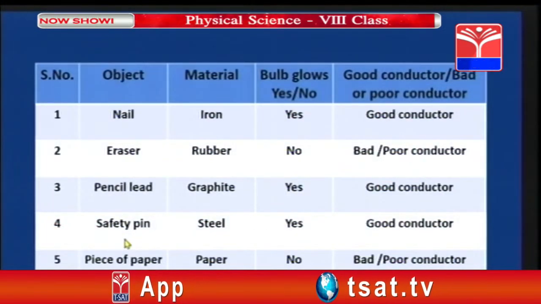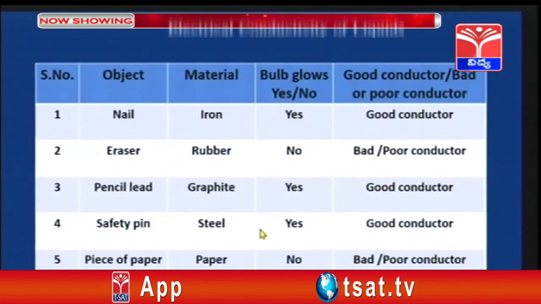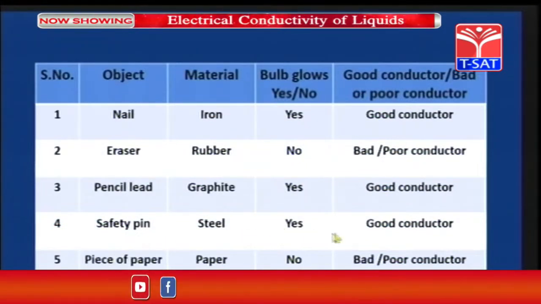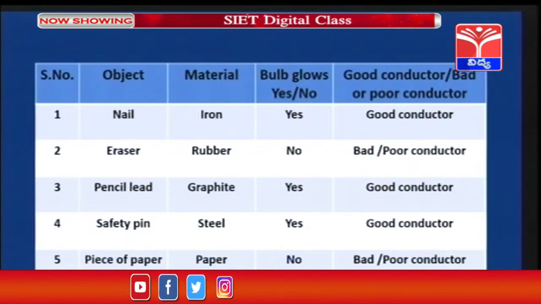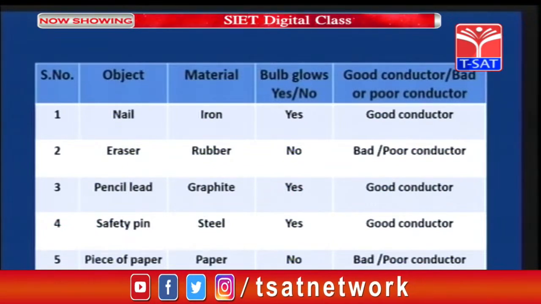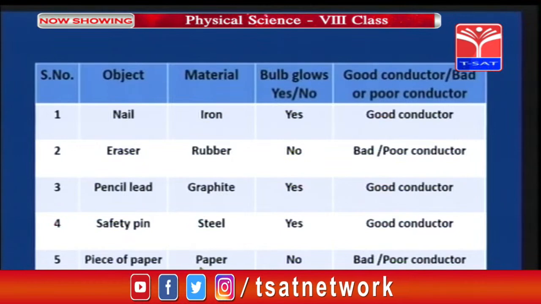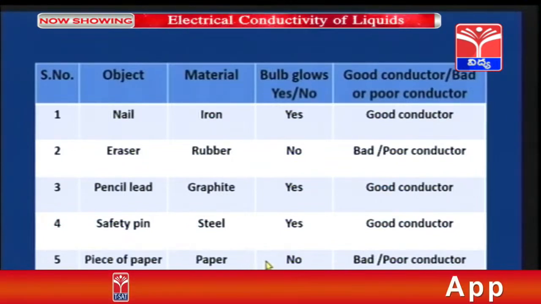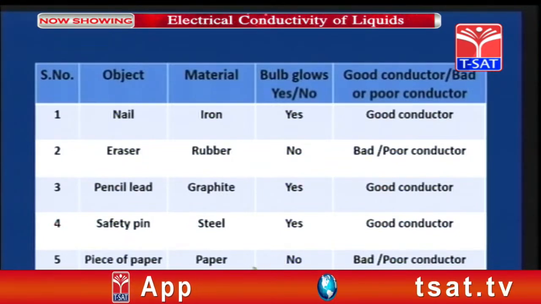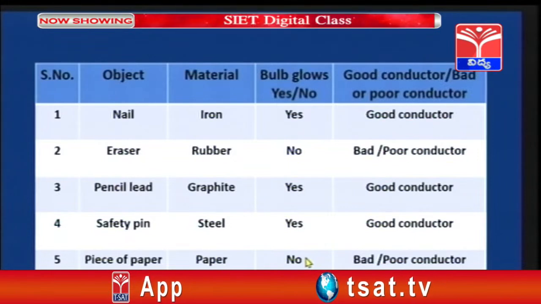Then we took a safety pin made up of steel and the bulb has glowed, so steel is a good conductor. And then we have taken a piece of paper and also a plastic piece and seen that the bulb did not glow in these cases, which means a piece of paper and plastic are bad conductors of electricity.